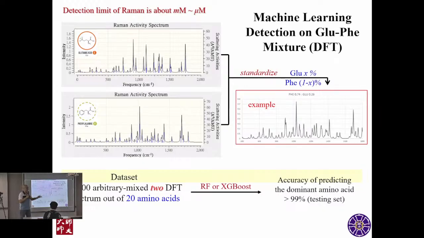If you take a DFT spectrum and look at it experimentally, you cannot interpret it, right? I think Kenny knows this a lot. Yeah, that's the problem. So this is just for fun as a computational person. At least we know the DFT spectrum is clean, and random forest can tell which one is the bigger contribution from the DFT spectrum, especially out of 20 amino acids. So any two, you can do this.